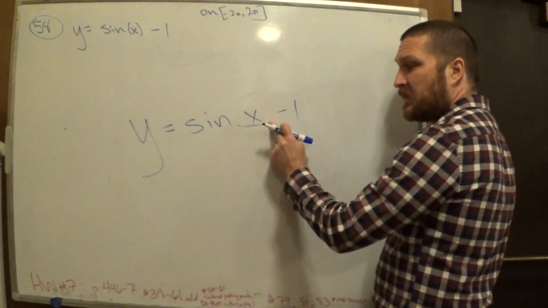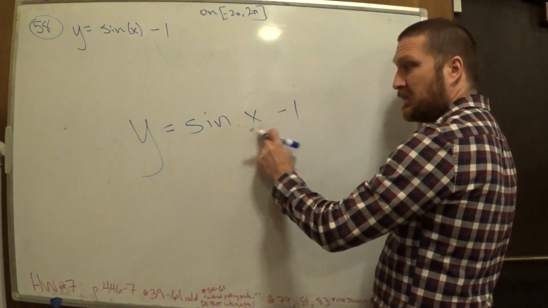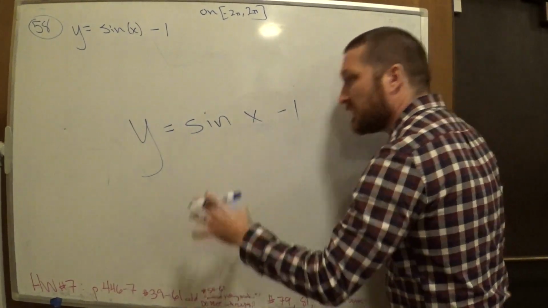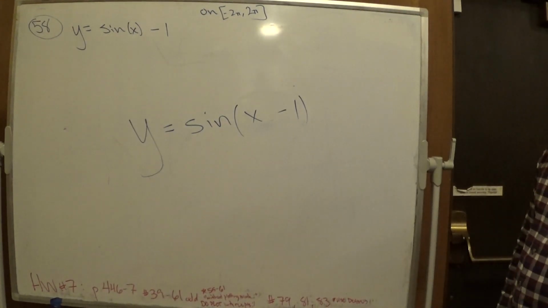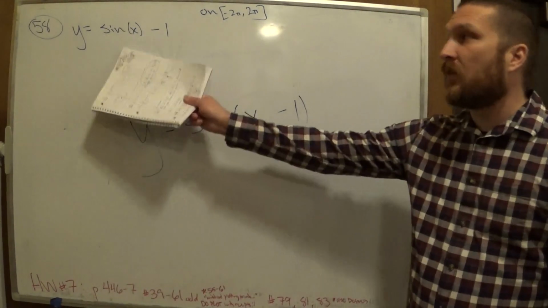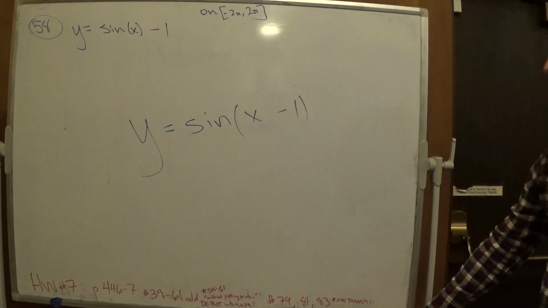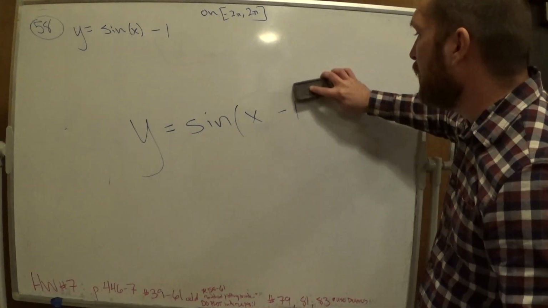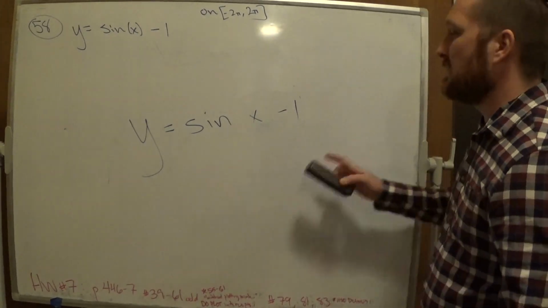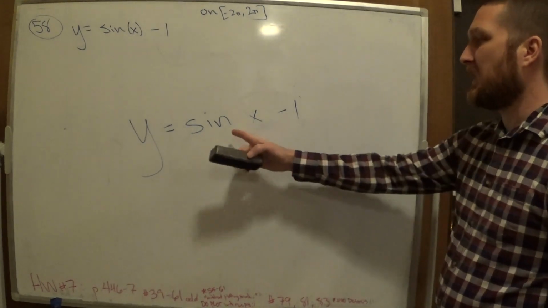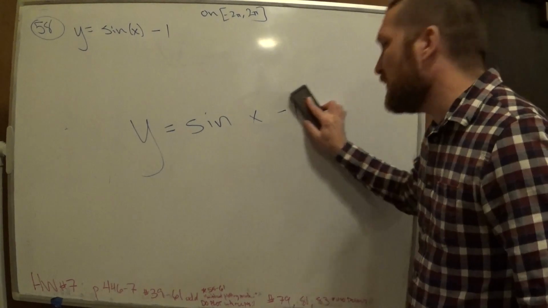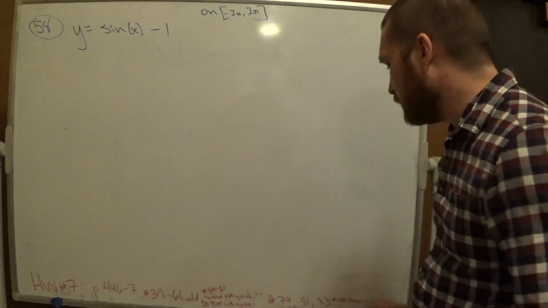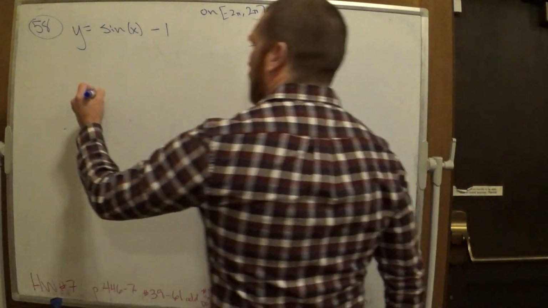In other words, if they did want sine of x minus 1, they would have put parentheses around it. But I think it's completely ambiguous, and I would rather use parentheses every single time. So this does not mean sine of x minus 1; this is sine of x, minus 1. This shouldn't be too hard, and again, I'm going to do the same thing. I know what sine looks like.